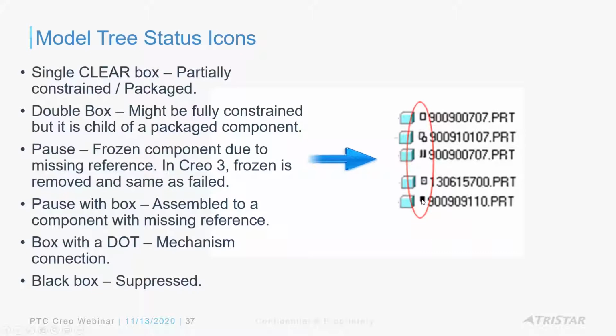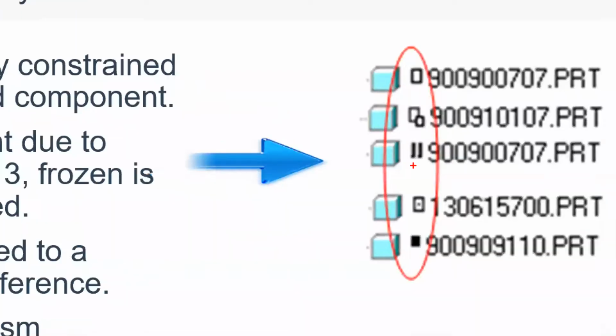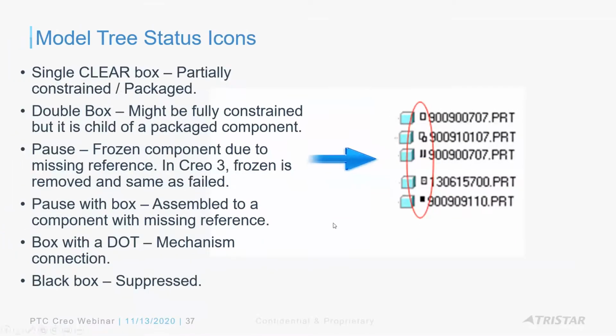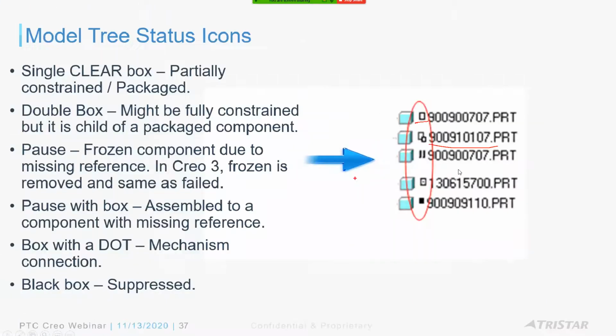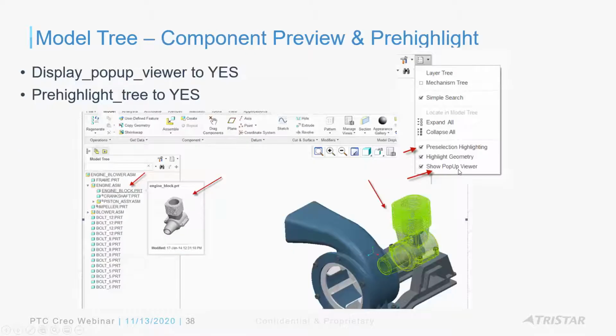And if it's suppressed, as you all know, it's just a black box there. The frozen is no longer there. It's technically failed now, starting Creo 3, but that's like a freeze you did on the component, and that'll show up there. And you might have attached a part to a component that's partially constrained. That's when you get those two rectangles or double boxes there.